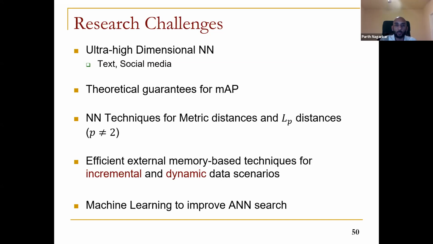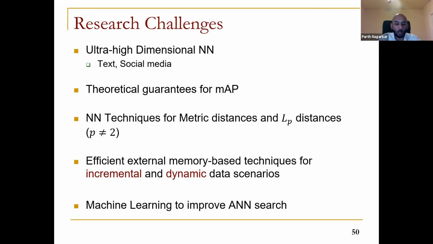The second challenge we see is that while there are many theoretical techniques that guarantee accuracy in terms of recall, there are none that give a guarantee on the mean average precision of the result set.